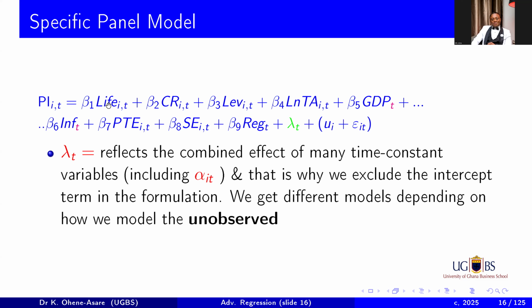For every insurance company, you can have life or non-life, and this is representing that. This is representing the credit risk, leverage, the log of total asset, GDP, inflation, pure technical efficiency, scale efficiency, regulation, and then the rest.